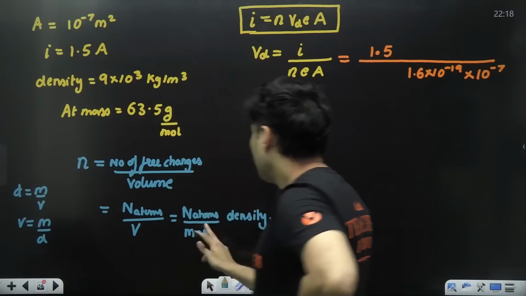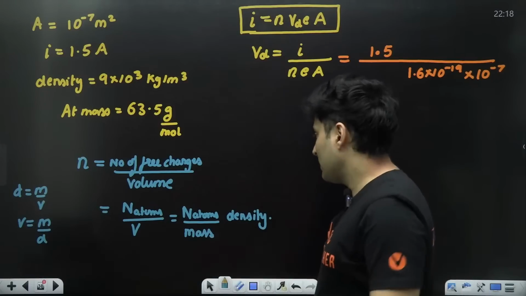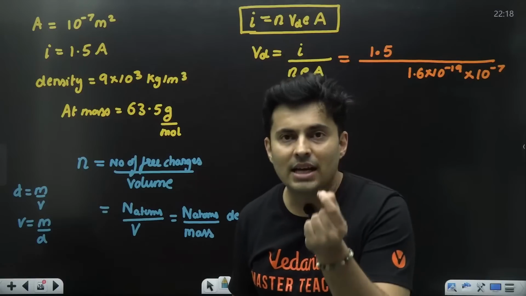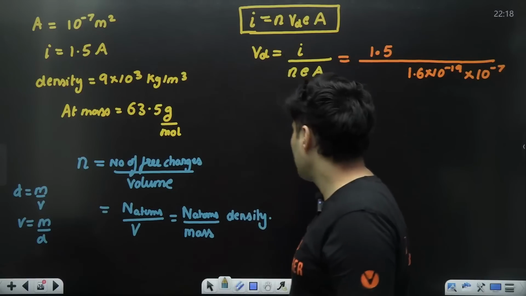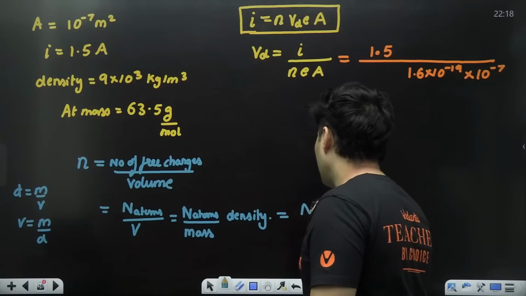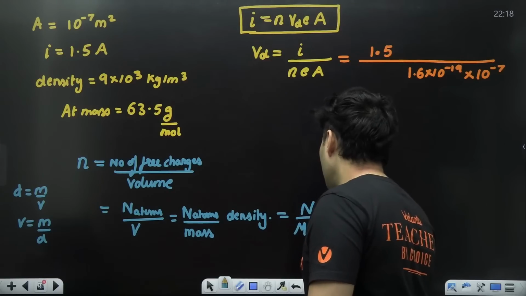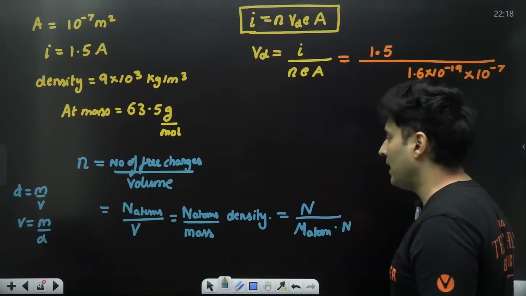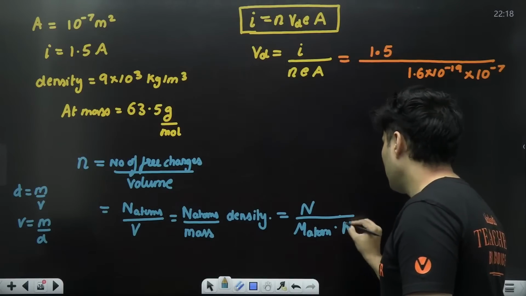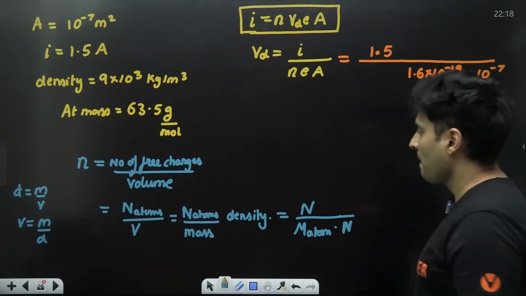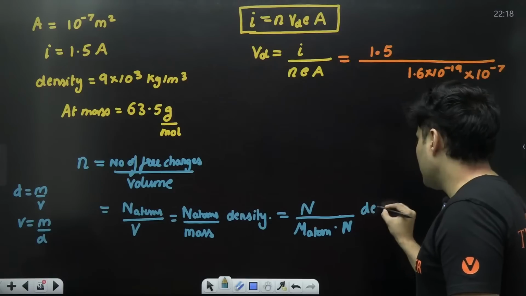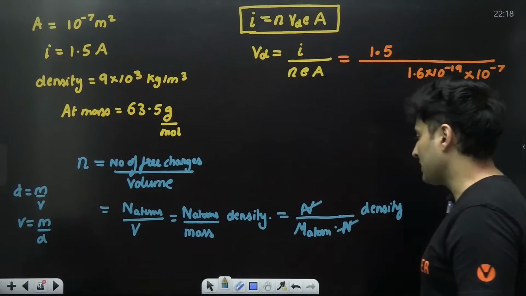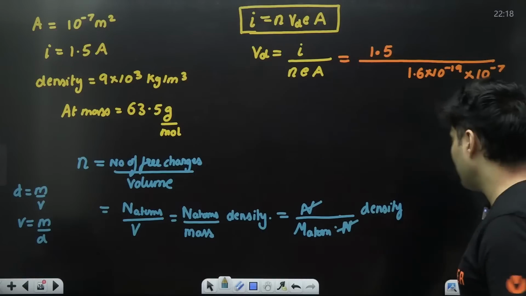Now the mass can be written down as mass of each atom multiplied by the number of atoms, and this density will come over here. This N and this N cancel. What will be the mass of each atom?